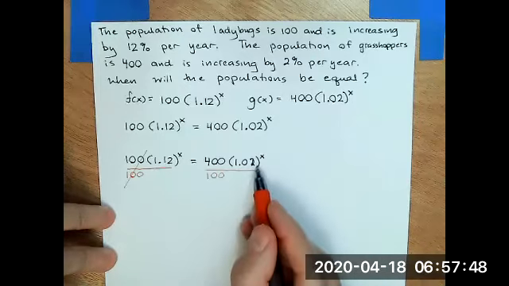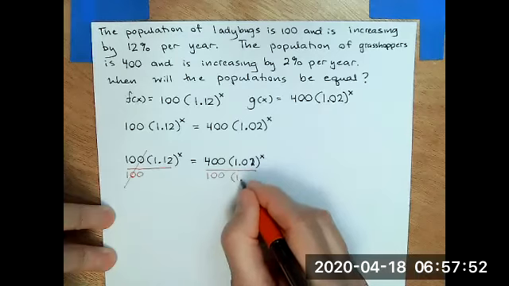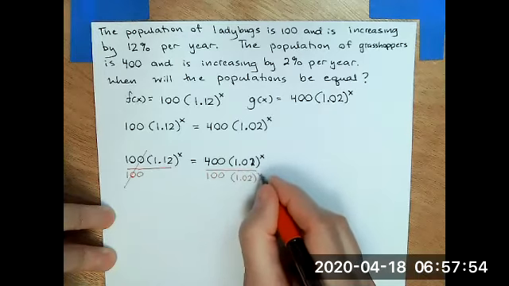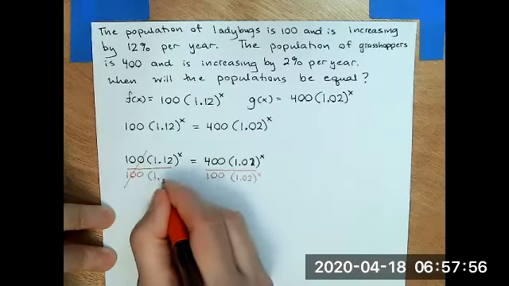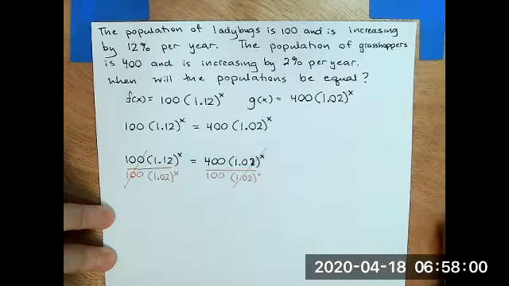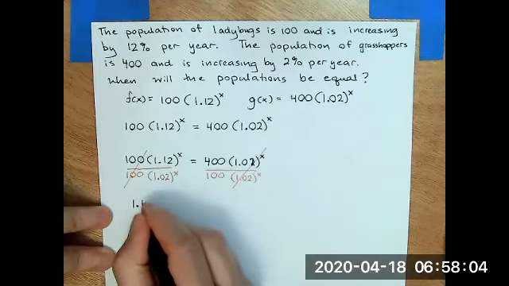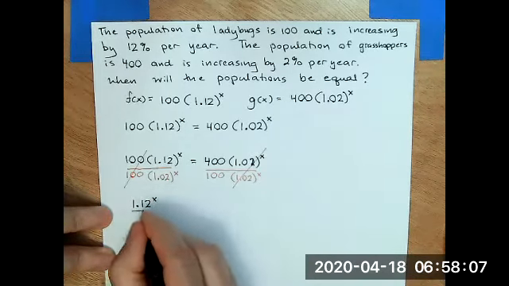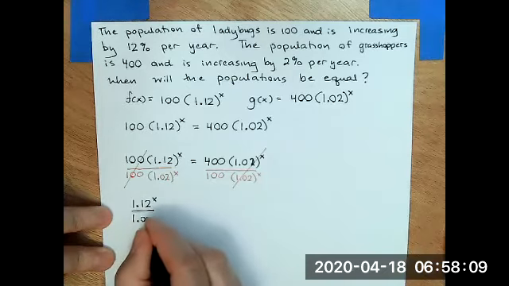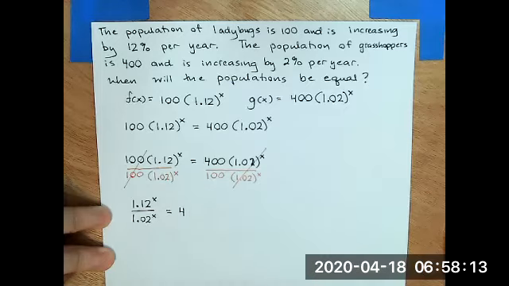And then I want to get all of the x on the same side. So I'll divide both sides by 1.02 to the x. So I get 1.12 to the x divided by 1.02 to the x equals 4.